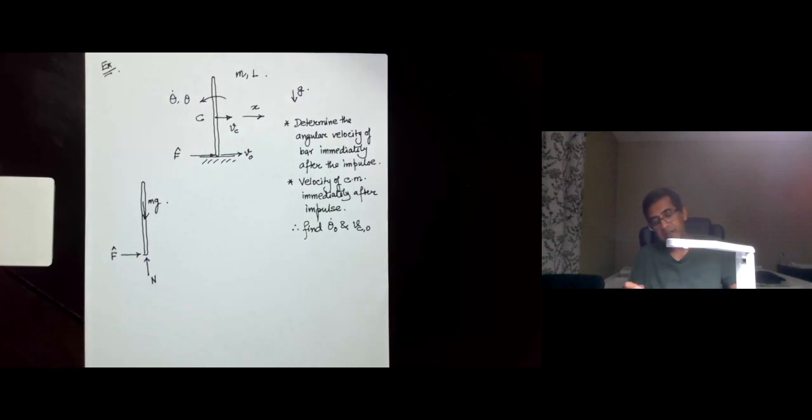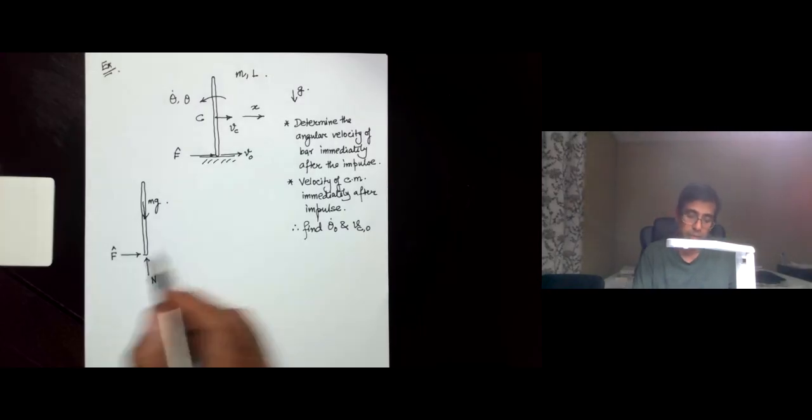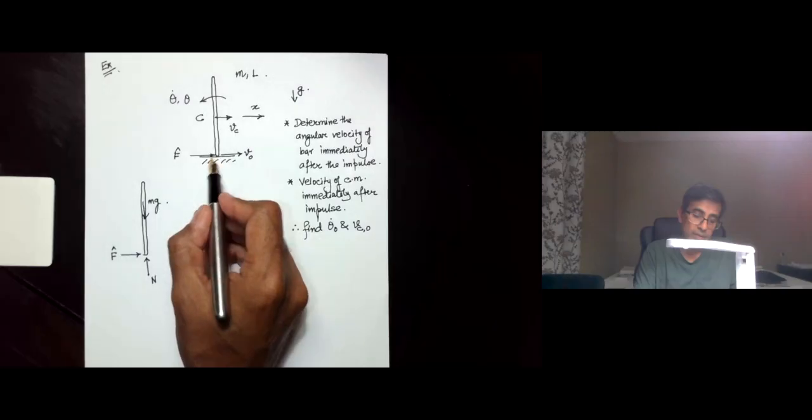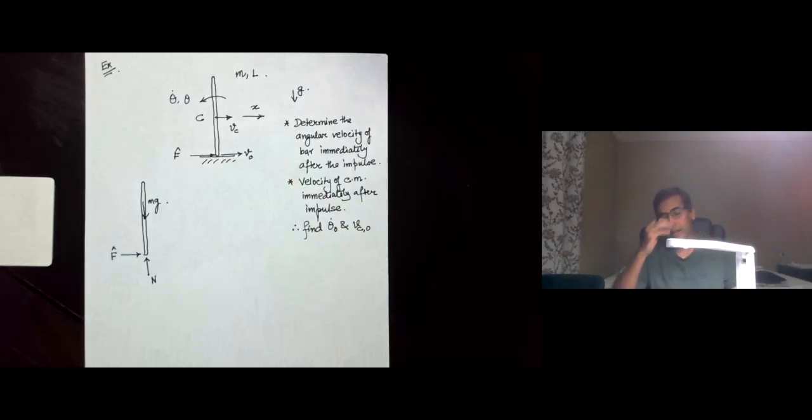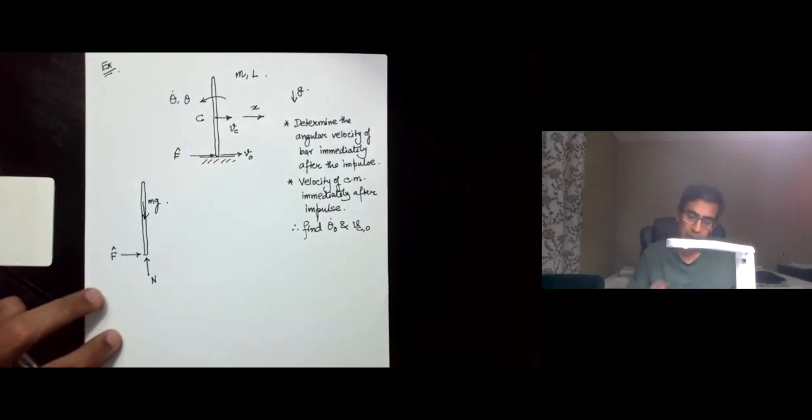I don't want to claim at this juncture that friction will not have any effect without analyzing that aspect, so let us say there is no friction between this end of the bar and the ground at the instant of application of this impulse.